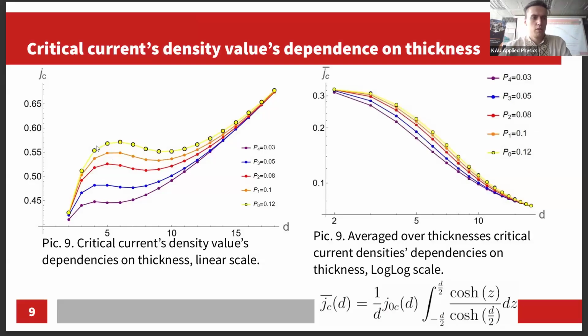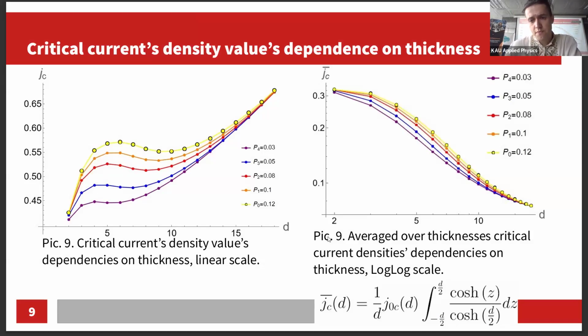Here we examine the dependence of the critical current density itself when increasing the thickness of a sample. We see some strange non-monotonous behavior here.